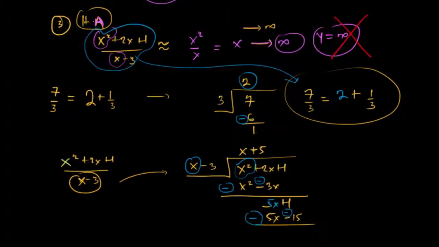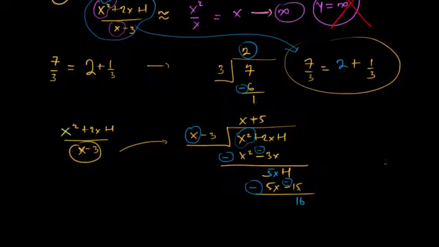So all terms are subtracted. 5x minus 5x gives us 0. Then plus 1 minus negative 15, that's going to give us 16. But 16 is not divisible by x, so we have to stop here.